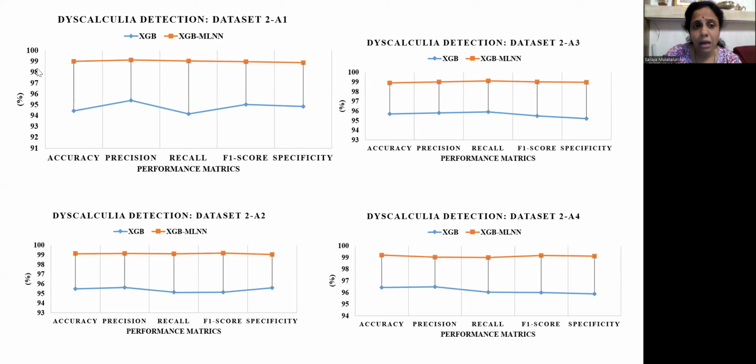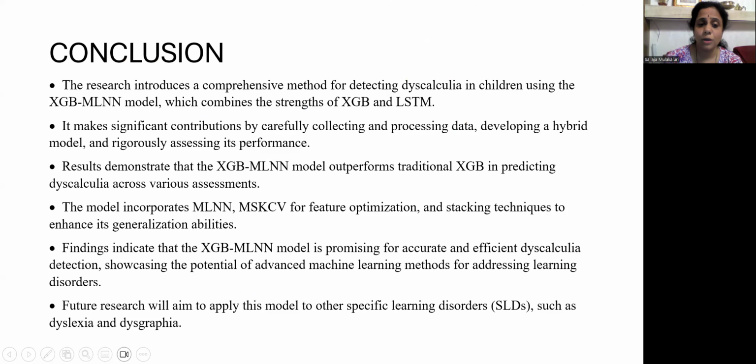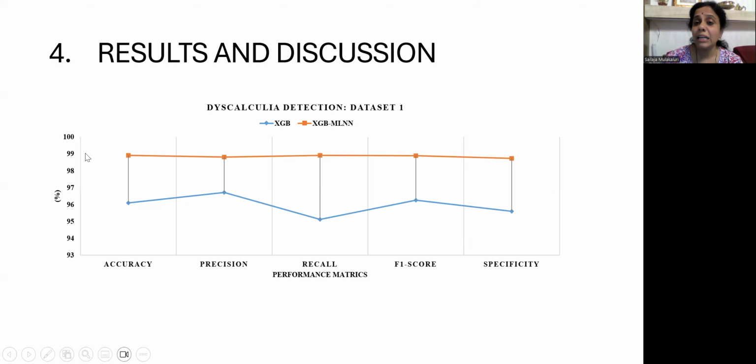So an approximate accuracy of 99% is achieved by using this XGBoost along with the LSTM model. So even with respect to the existing data set, or the collected data set, we could gain 99% accuracy.